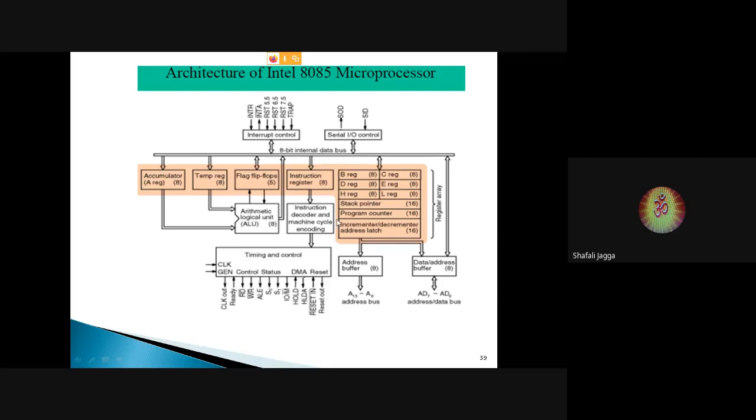No. It is only used when some external device, for example a DMA, Direct Memory Access controller, wants hold over the 3 buses of the microprocessor. Whenever any external device wants to use its 3 buses, address bus, data bus and control bus, it will send the hold request signal to the 8085 microprocessor, saying that this particular device wants to use its 3 buses.